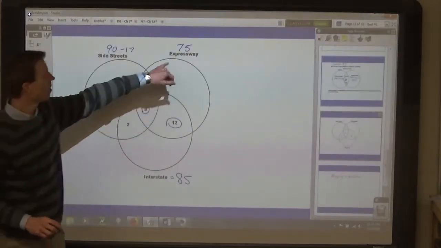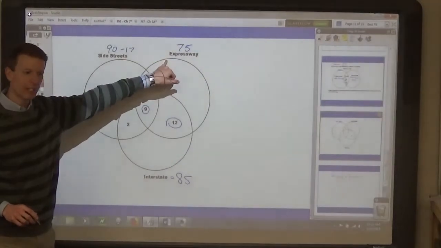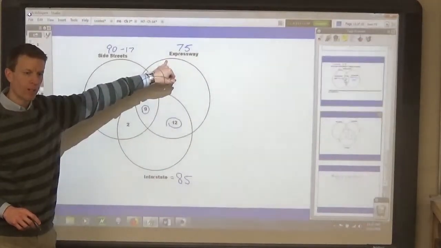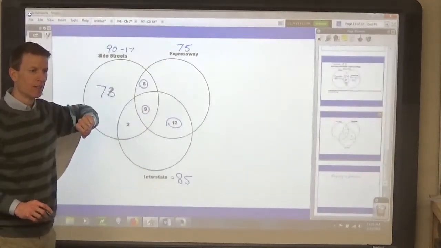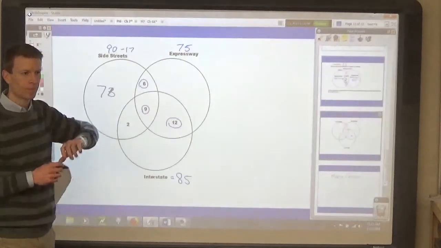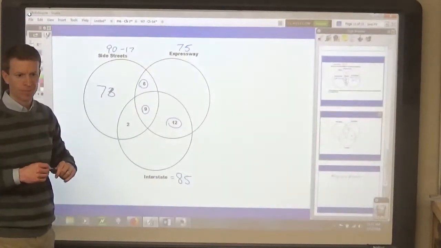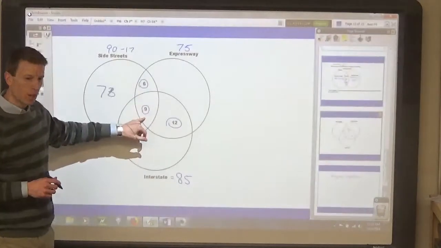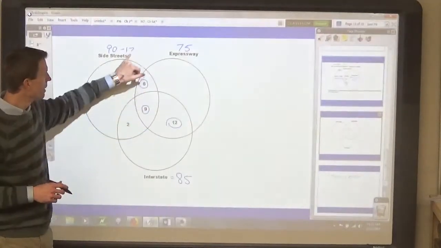How would we find the number that only use the expressway then? What would that be? Trevor? Okay, so would it be 17?